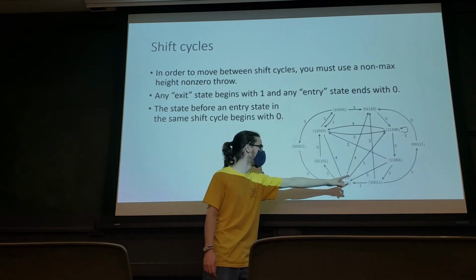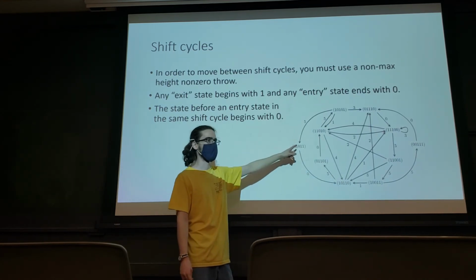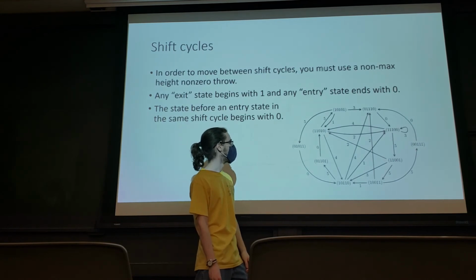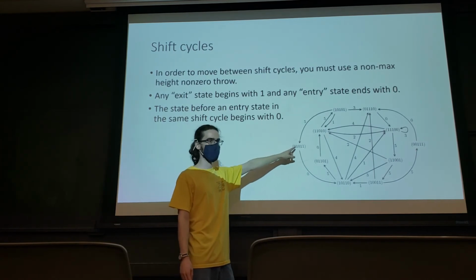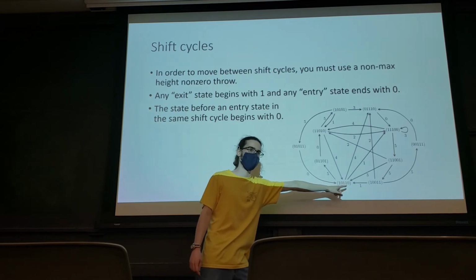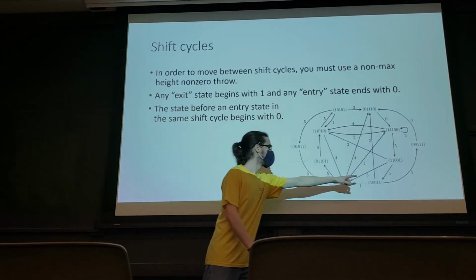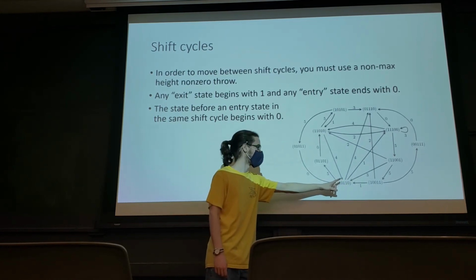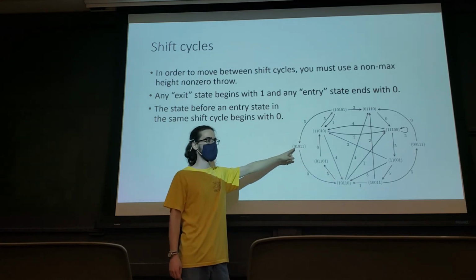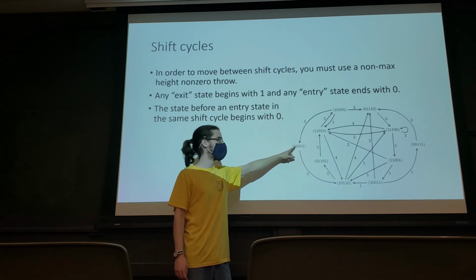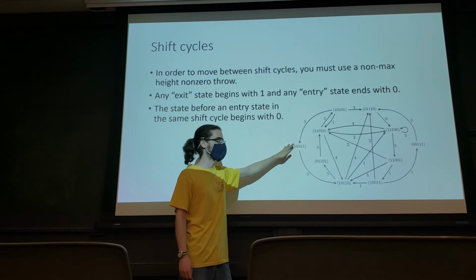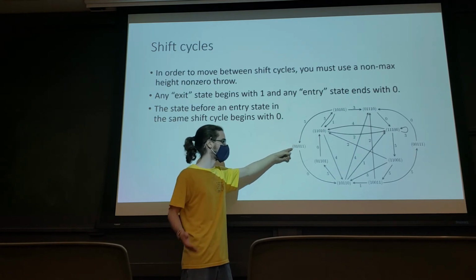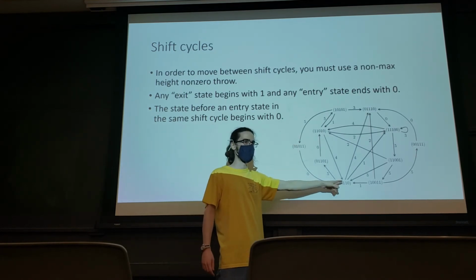Because if it ended in a 1, then that means that for the previous one we did a max height throw. There's a problem because we know that for a state starting with 0, we're forced to make a 0 throw. That means that if we entered the cycle from this location, there's no way we could possibly end up with this state in our juggling pattern without having to repeat this state.